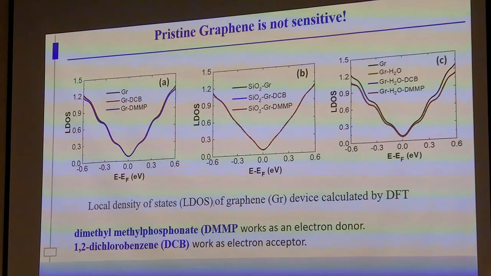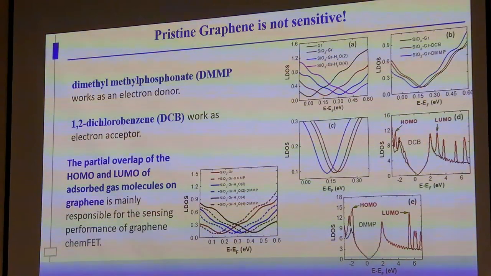It means no charge transfer happens in this condition. In the third case, what happens if we introduce a water molecule? Even then, we still don't see any change in the Fermi energy level. The result was very surprising, and it confirmed that pristine graphene on a pristine substrate is not chemically active at all.